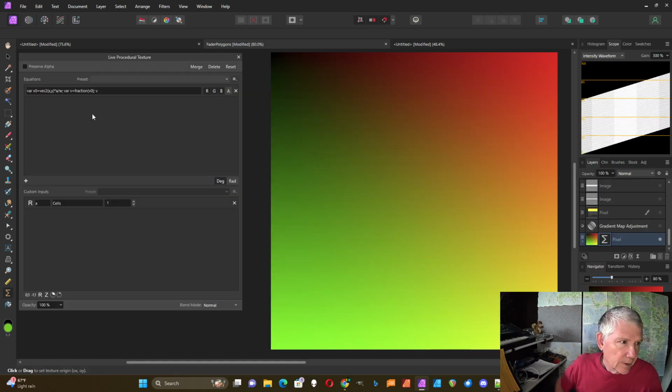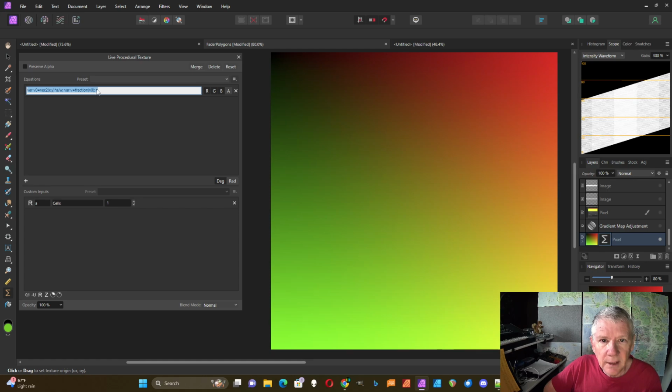Now I'm going to work with a polygon, and in order to create the polygon shape, I need to create an angle. To get an angle, I have to make a variable, and I'm going to call it theta.